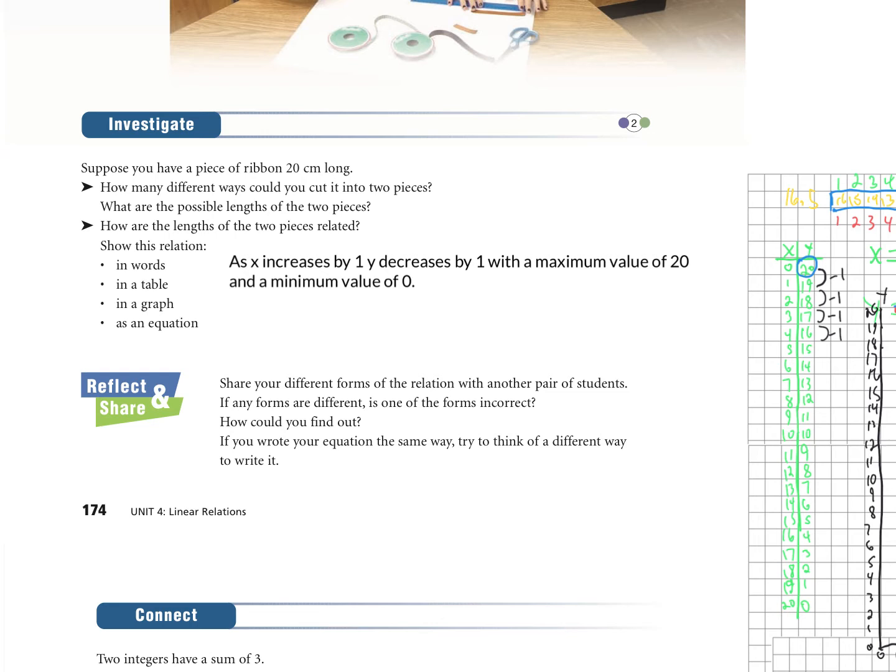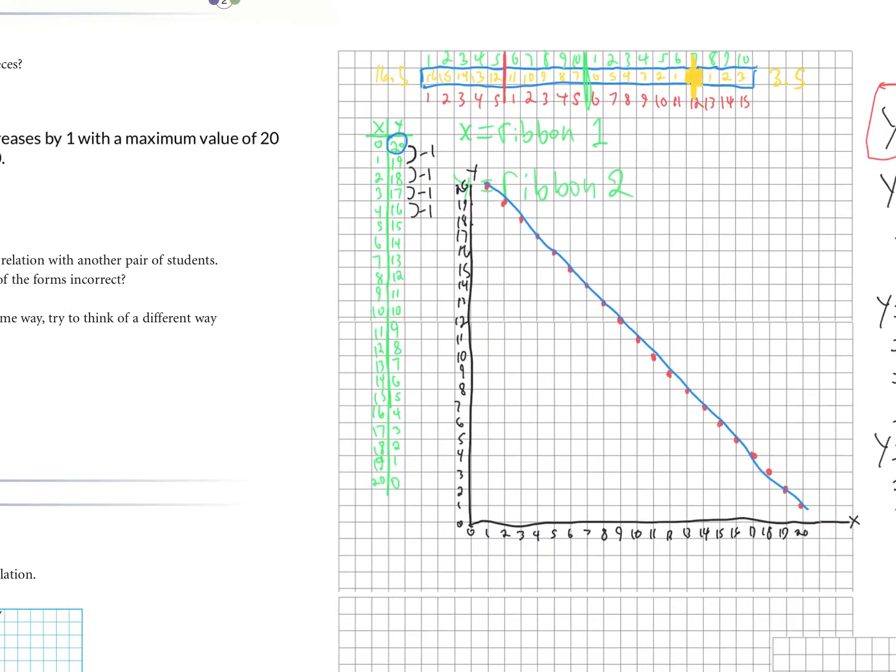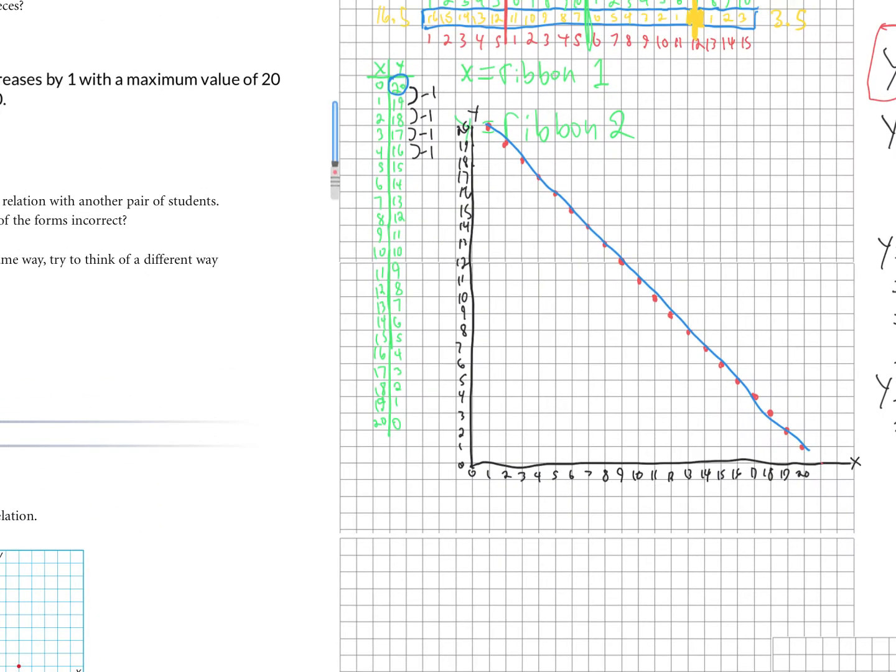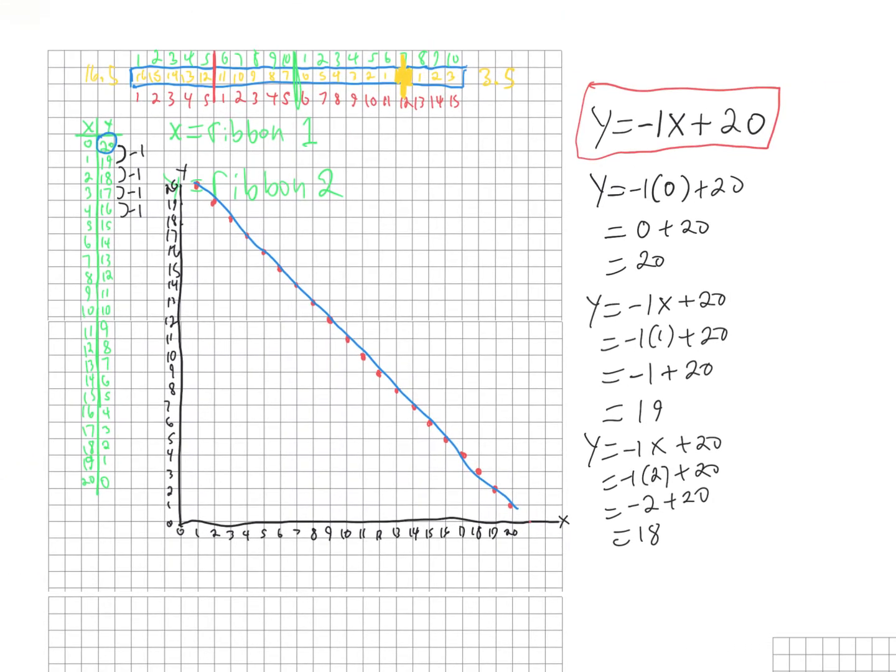So I was able to write this here in words after I figured out the information over here in my table of values. So first I created the table of values from the information. Then I created a graph. Then from those I created an equation to get the relationship between x and y.